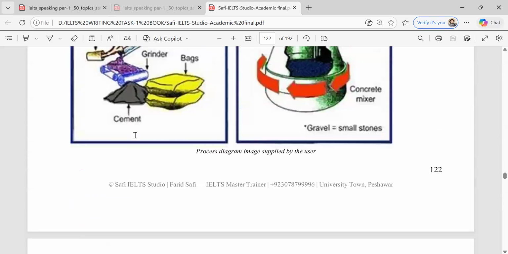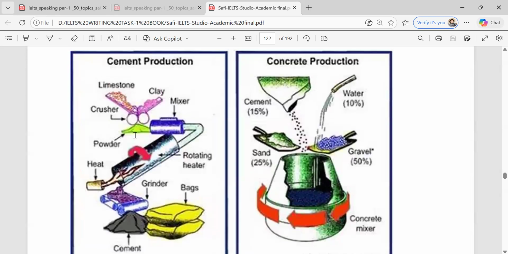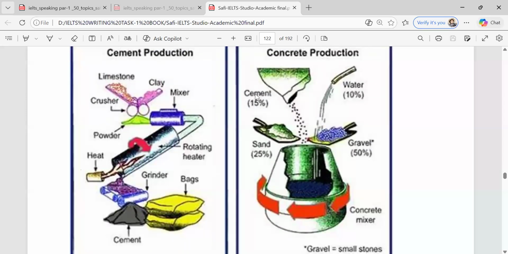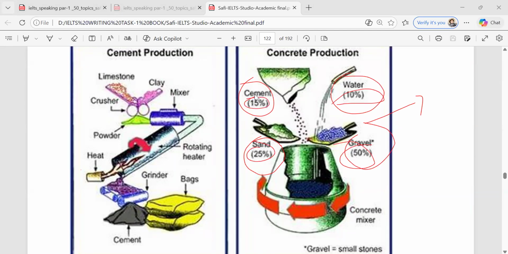We don't mention the names of those materials. Why? Because it's your overview. We don't mention that material number one is cement, number two is water, then sand, and then gravel. Because it's an overview, and neither do we mention the values. In an overview paragraph, we neither mention the values. So instead, we have used fixed proportions. So that's your overview paragraph.